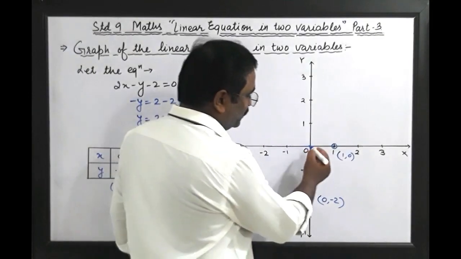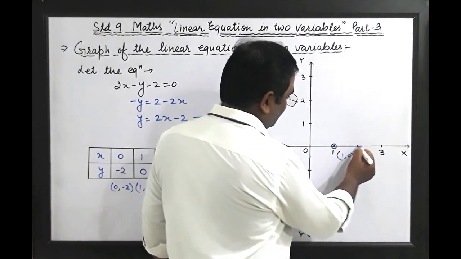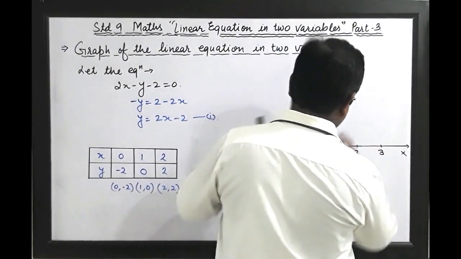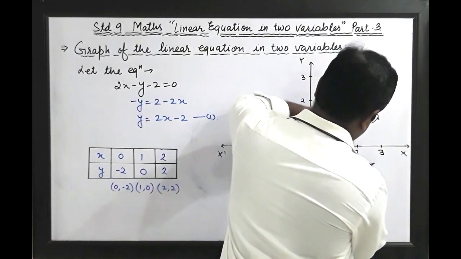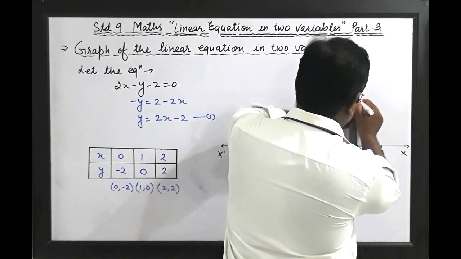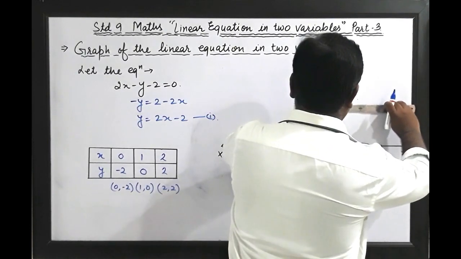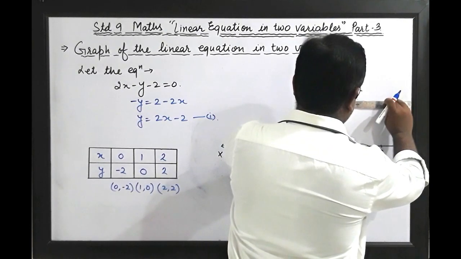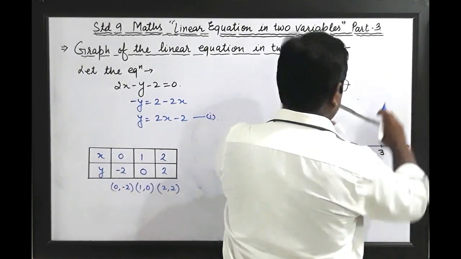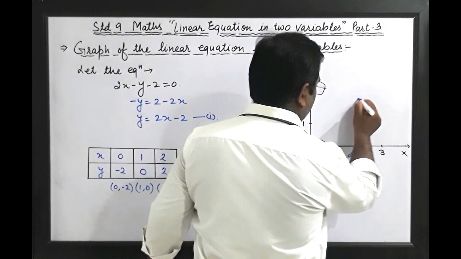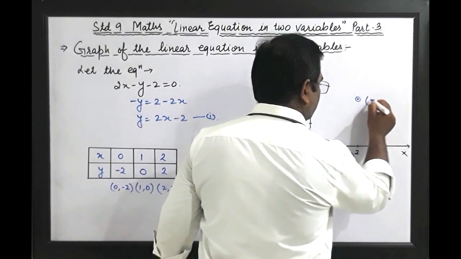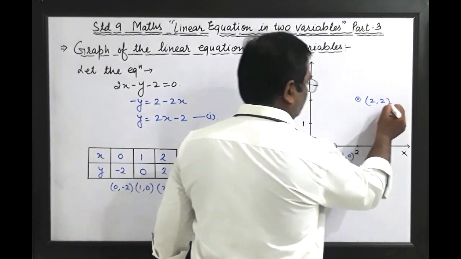So 2 on x-axis, and on y-axis it is also 2. So I think this point will be here. This is the point whose coordinates are 2, 2.